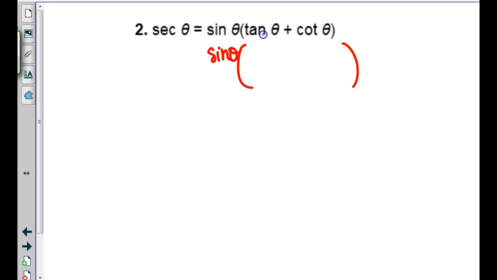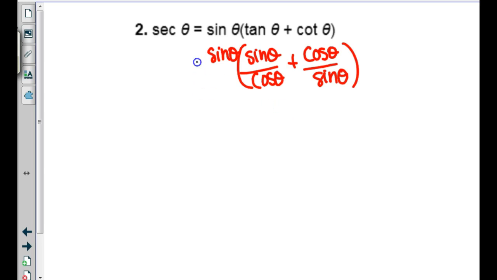If I know you guys at all, you want to change these to sines and cosines? So tangent is sine over cosine, and cotangent is cosine over sine. If you don't have those memorized, this is 3 times more difficult, okay? But they are on the peach sheet.